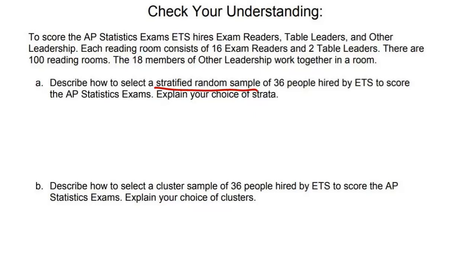How are we going to use stratified random sampling if we have those 100 reading rooms to pick out just 36 people? I do like the idea of using reading rooms as the strata, but how do I use that then to pick out 36 people? Can I take some from each of my strata if I use the reading rooms as the strata?